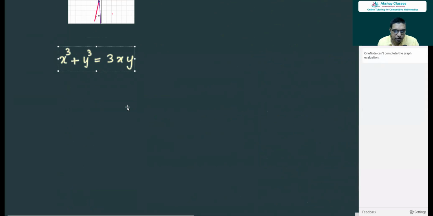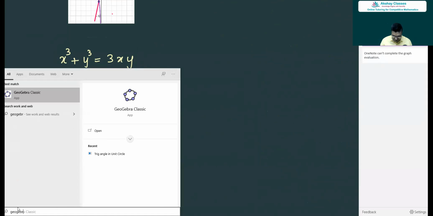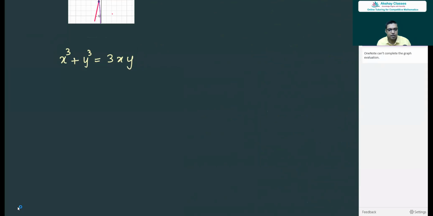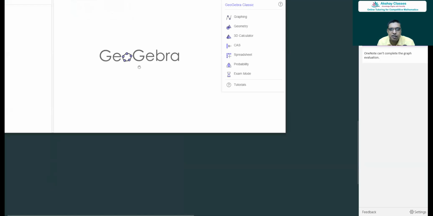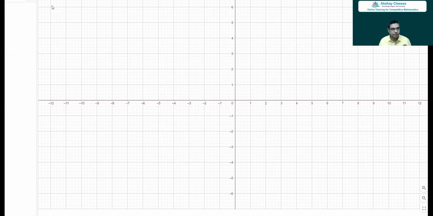Okay, OneNote cannot evaluate this graph. These graphs have specific names, as I'll discuss later, but this one, if we replace x by y and y by x, the equation remains the same.